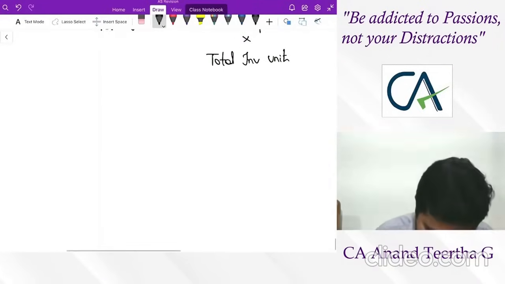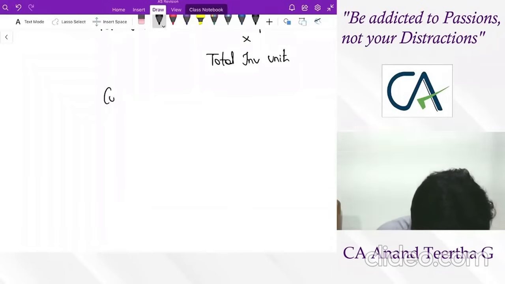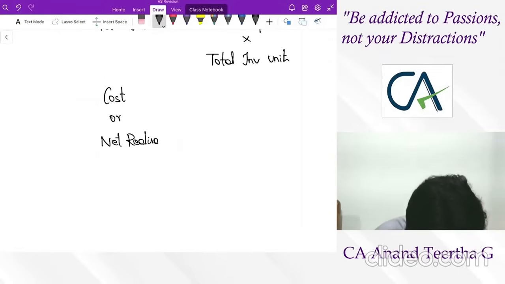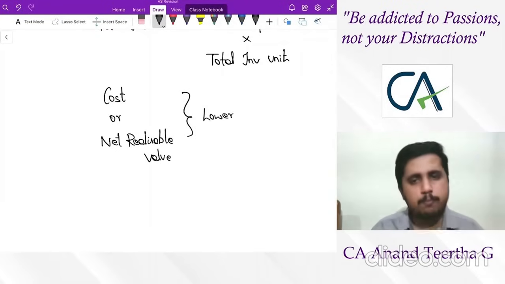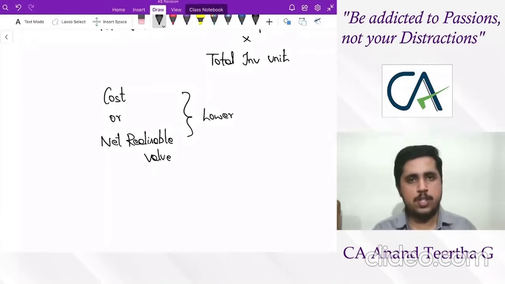So the valuation rule, which is very famous and everybody remembers, is cost or net realizable value, obviously whichever is lower. This is the valuation rule of inventory: cost or NRV, whichever is less.